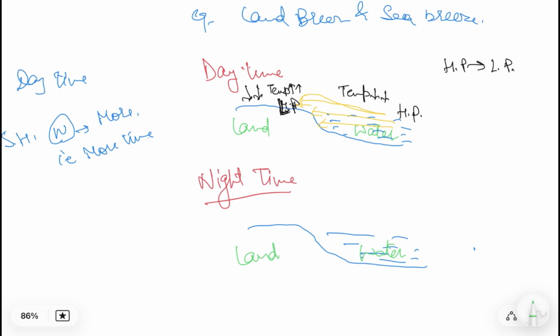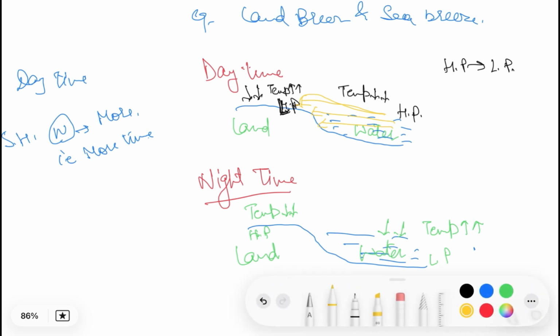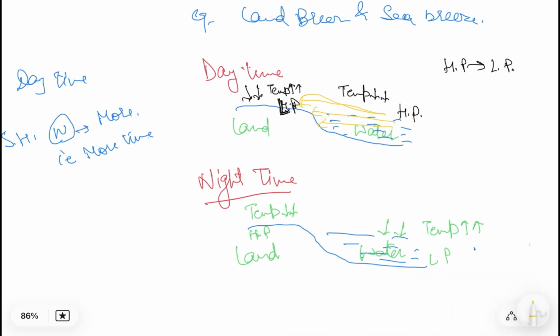At night time, water will retain more heat since it takes more time to cool, so the temperature will be high here, leading to low pressure here. And on the land, the land will get cooled first, so the temperature will be less as compared to the water, leading to high pressure here. So now the wind will move from high pressure to low pressure. So this is the movement of the wind.